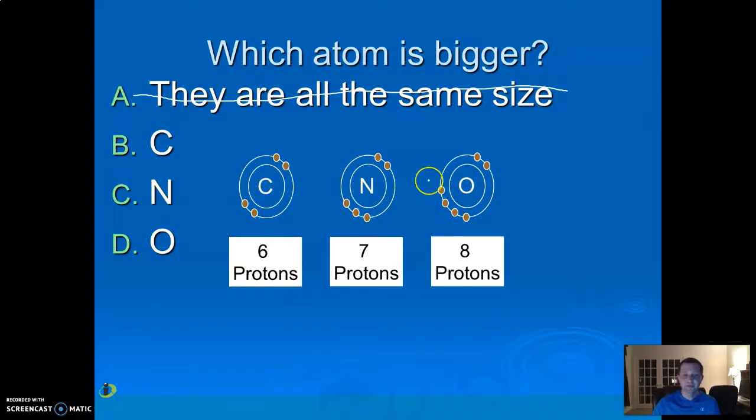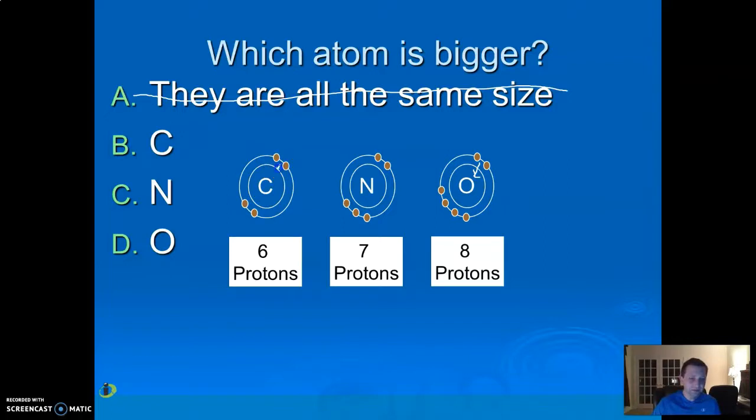We did say previously that oxygen has the stronger attraction. So since oxygen attracts those electrons stronger, with a higher force, it's going to pull them in a little bit closer to the nucleus because that oxygen has 8 protons pulling them in. Carbon only has 6.